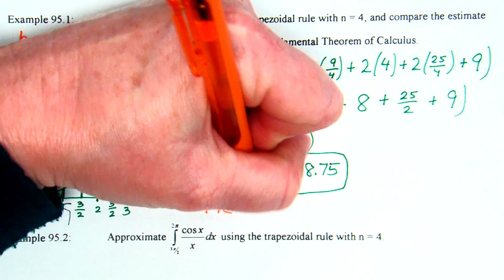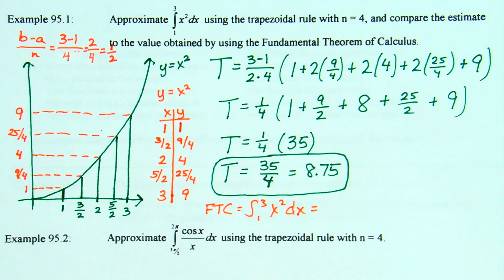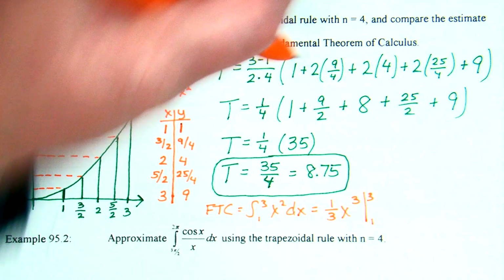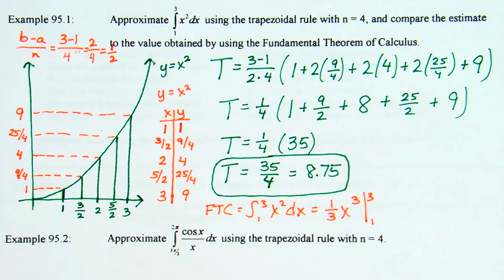One-third x cubed from 1 to 3, which, plug in the 3, 27 divided by 3, 9, minus 1/3, 9 minus 1/3, 8 2/3 is what part of my brain wants to say.